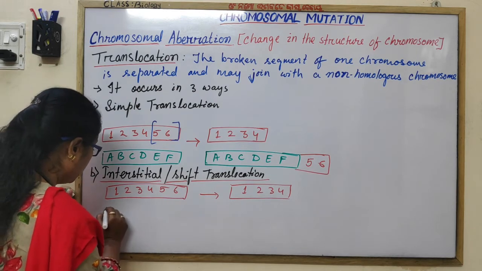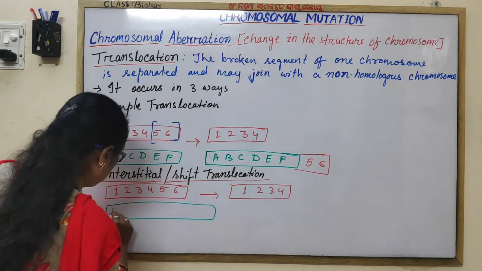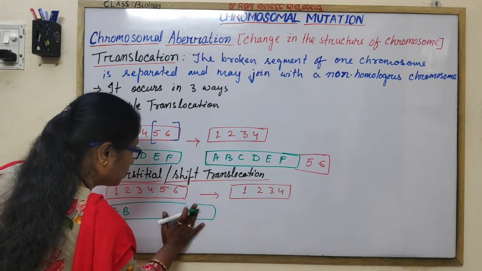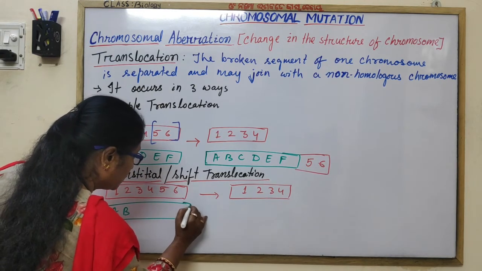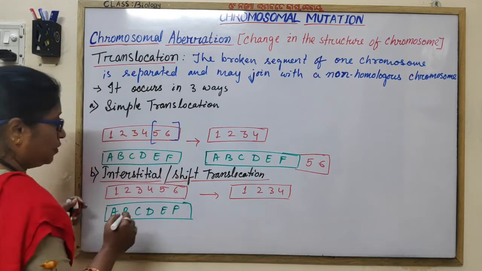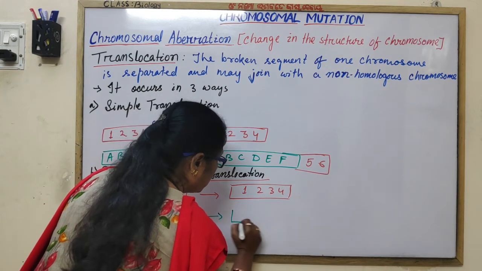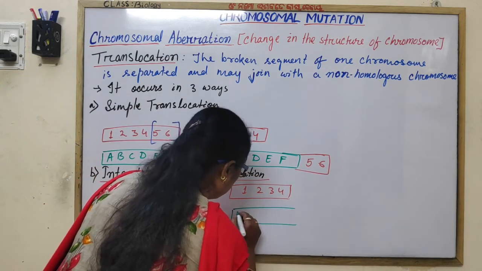Another non-homologous chromosome is A, B, C, D, E, F. Now what happens?